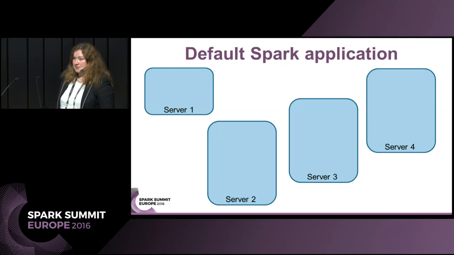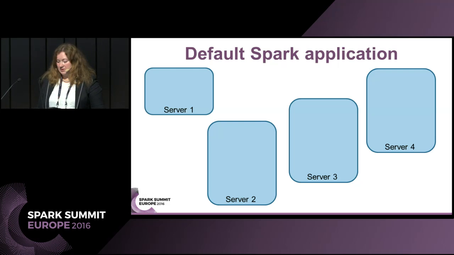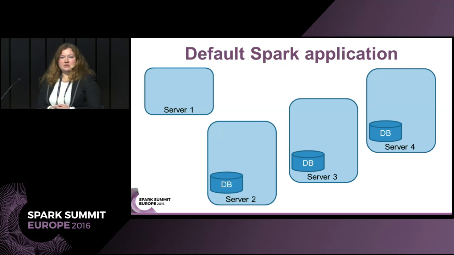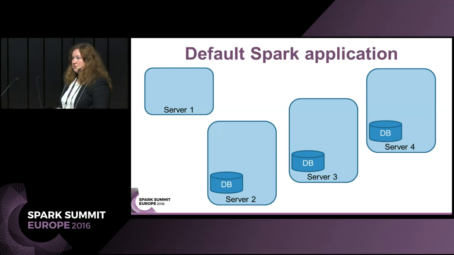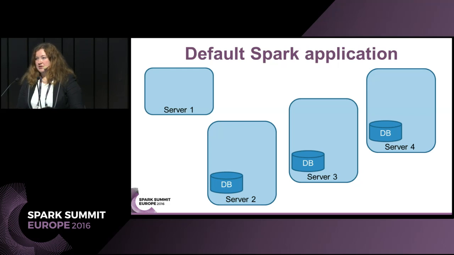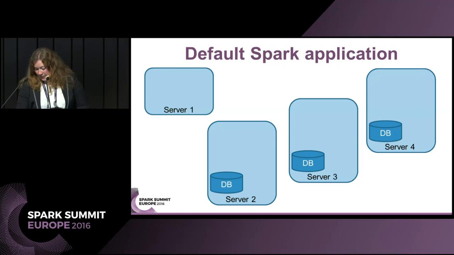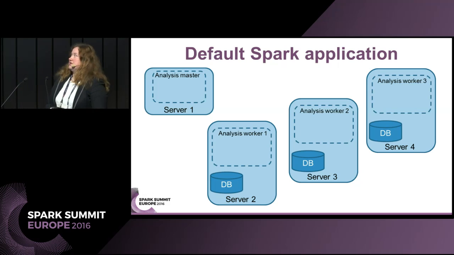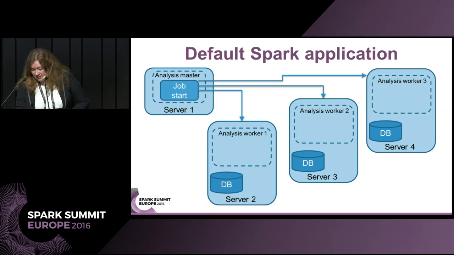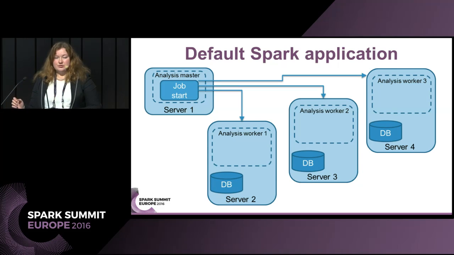What is the behavior? Typically, you have many servers where maybe you install your data sources, such as databases, or maybe streaming data sources. On top of the databases, you install Spark, a master, and workers. Then you can start your job.